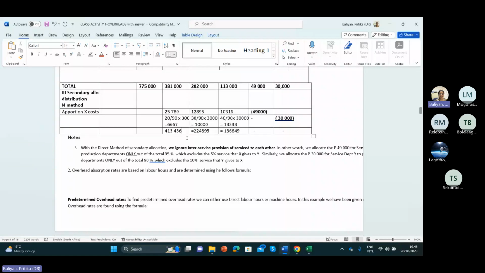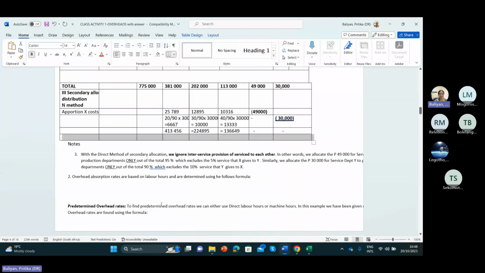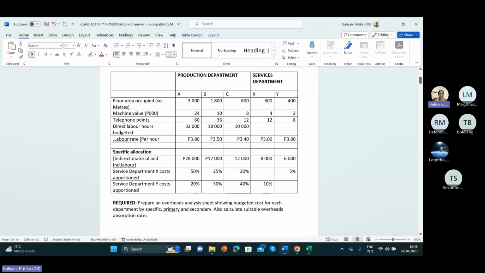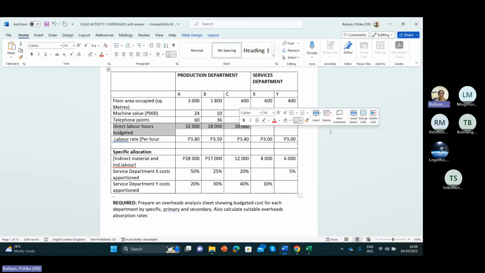413,456 pula. When we are determining the overhead rate, we divide by either the direct labor hours or the machine hours, because a predetermined rate means how much cost is going to be incurred per hour. So look at the question: are you given the direct labor hours and the machine hours or not?